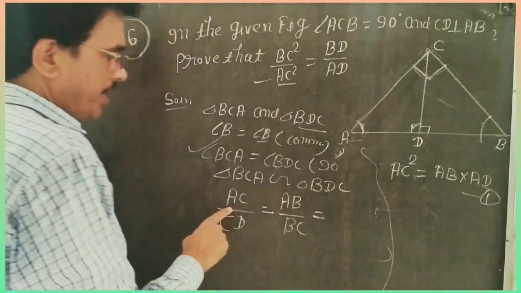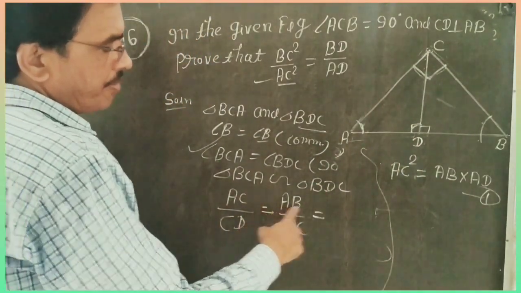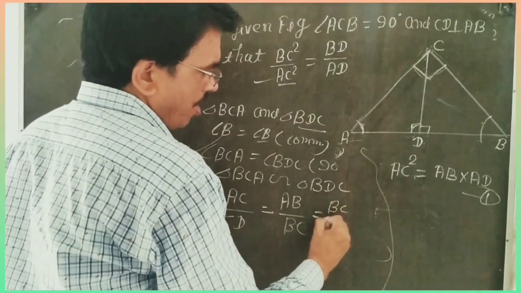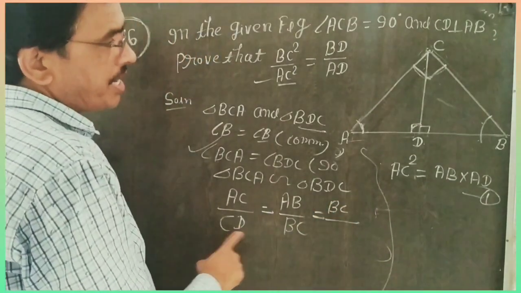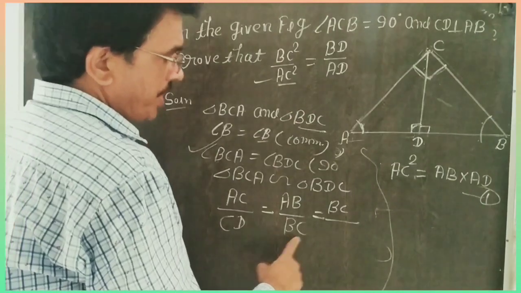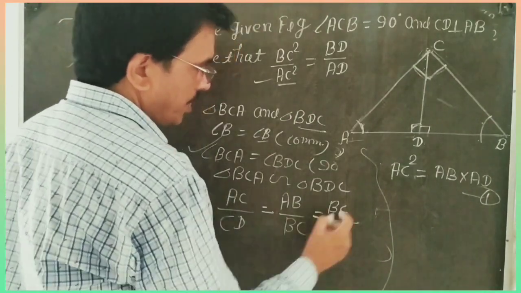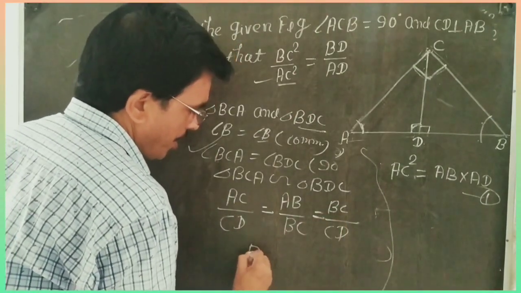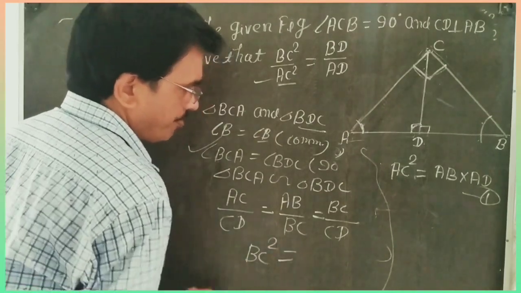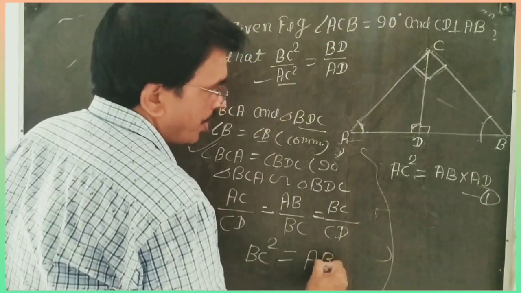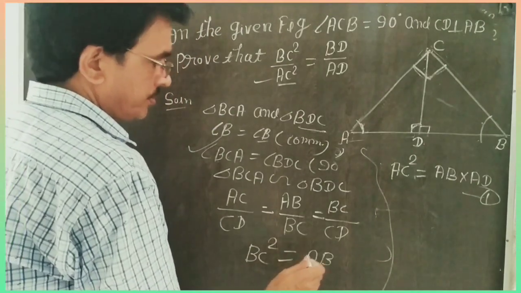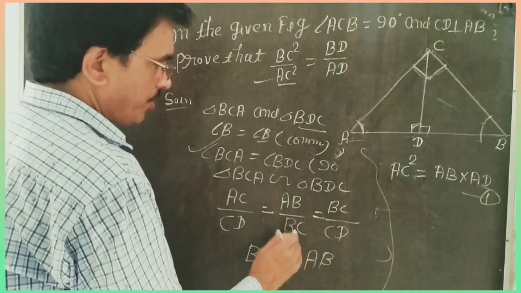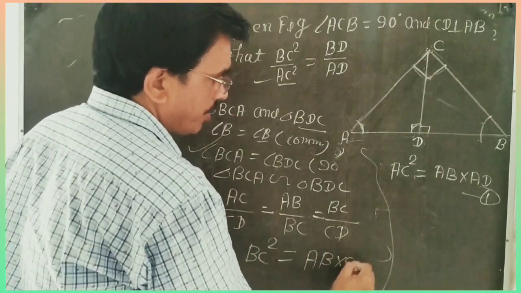What remains is AB and BC in the large triangle, and CD, BC in the small triangle. Now cross multiplication: BC square is equal to AB into BD.